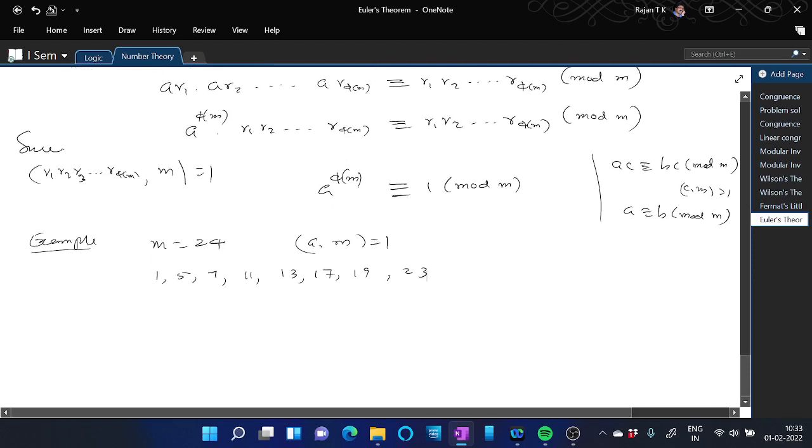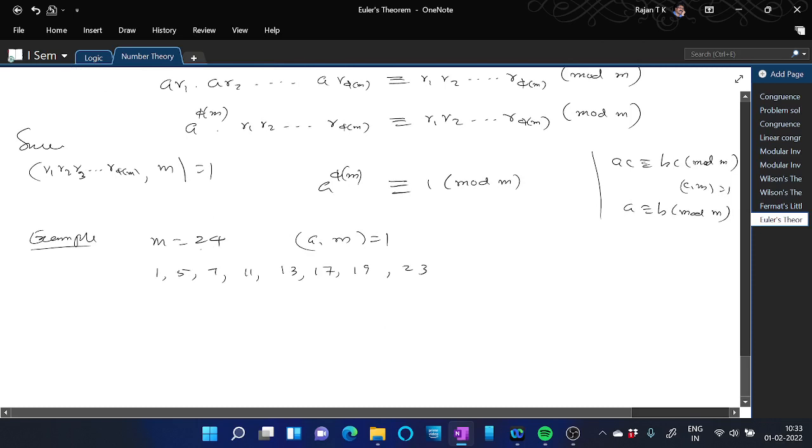They are actually 8 numbers, that is phi of 24 is equal to 8 here. So by Euler's theorem we have A raised to phi m is congruent to 1 mod m. That is, you take any A, A raised to phi 24, A raised to 8 is congruent to 1 mod 24.